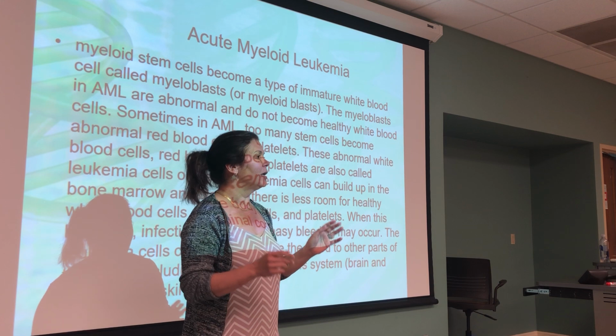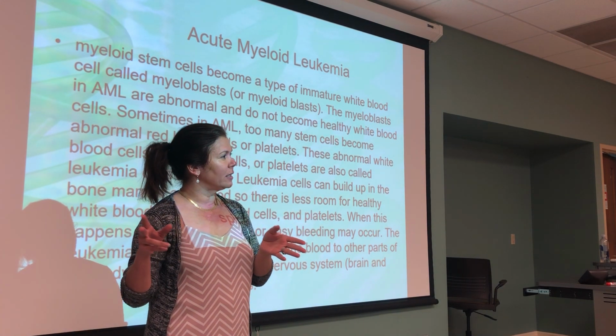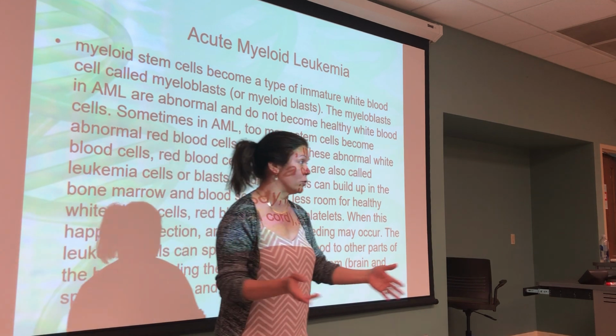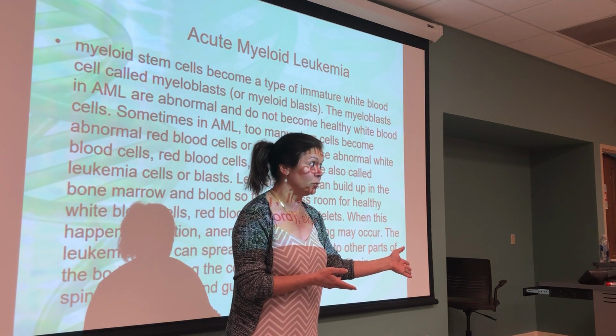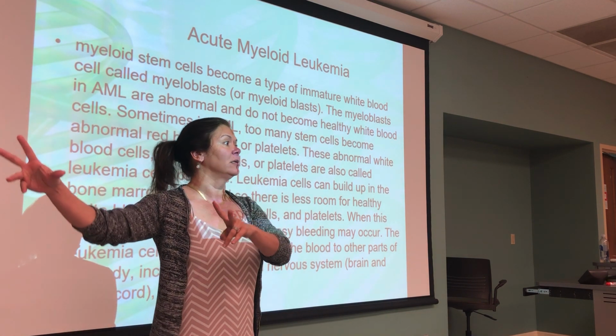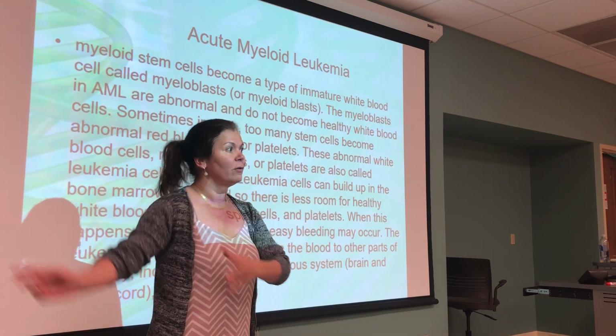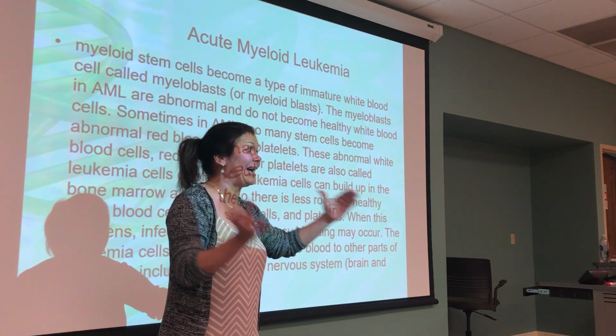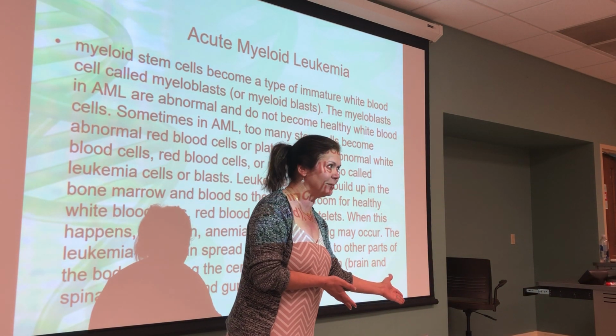The major difference is that chronic versus acute, of course, the patients go through a major crisis compared to a more benign event, right? And more maturity is achieved in the chronic versus in the acute. In the acute, you're going to have more presence of immature cells and blasts, and therefore more complications, right?